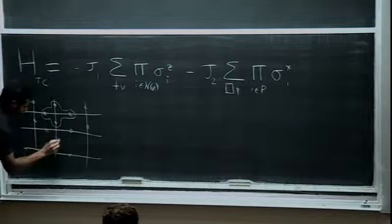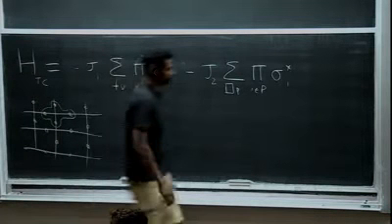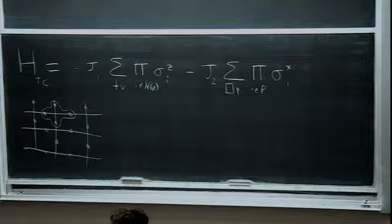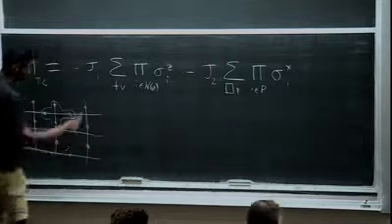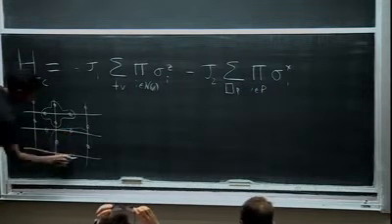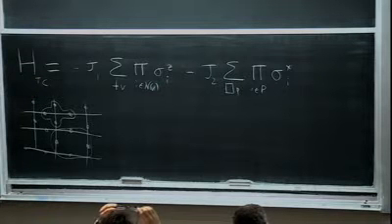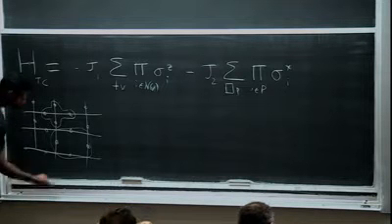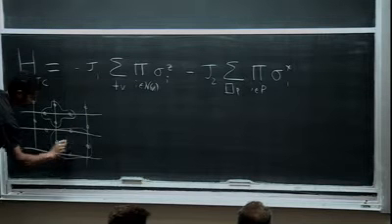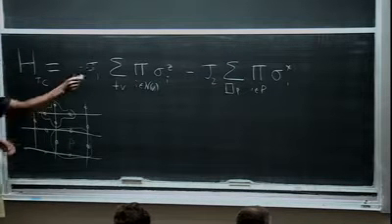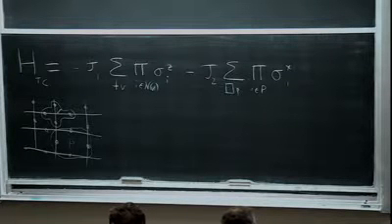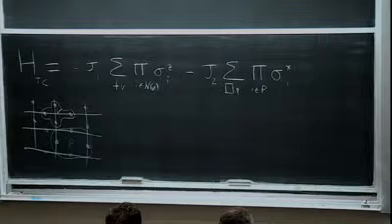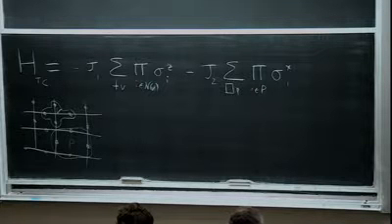So here is a plaquette. The plaquette term includes the sigmas for these 4 spins over here. So this is a plaquette term P, and here's a vertex term V. The nice thing about this model is that it has a topological ground state, it's in a topological phase, and also it's exactly soluble and very simple.